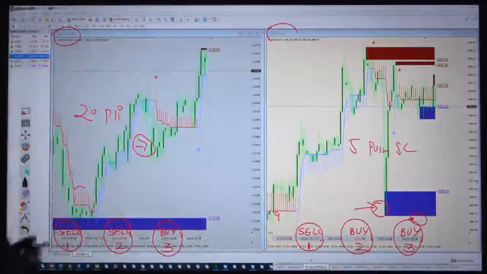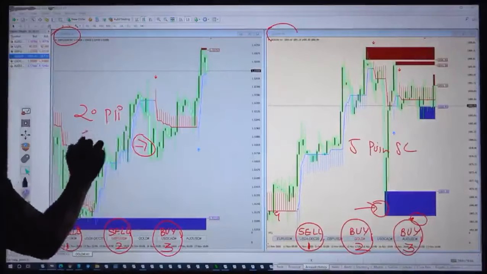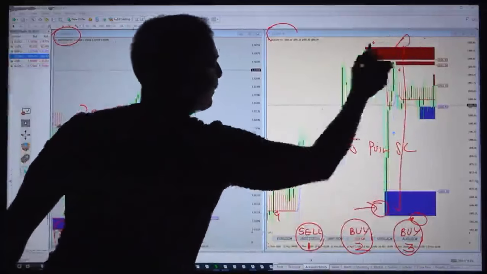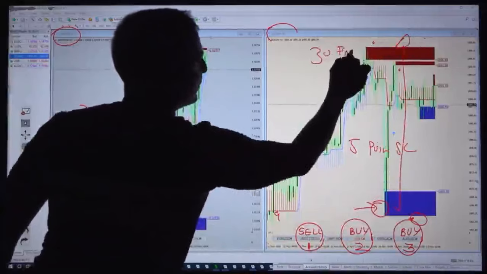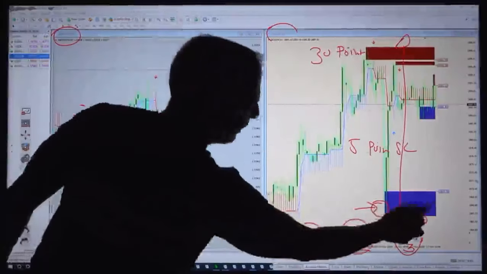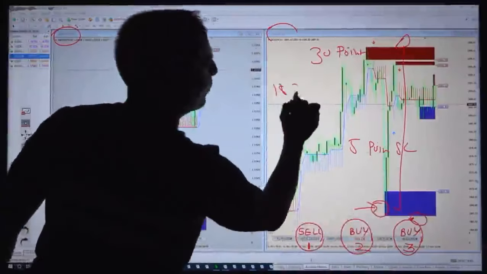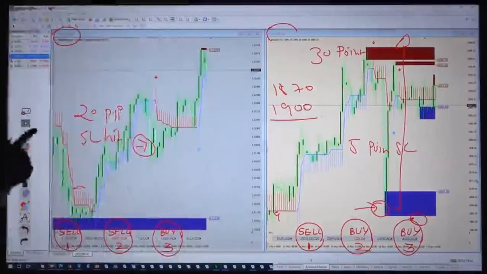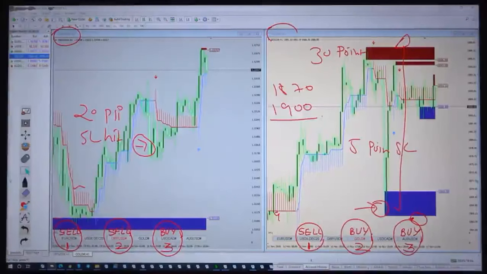Now what you see here, the SL was hit, and here you can see the gain, 30 points of gain, right from 1870 to 1900. So against the 20 pips of SL, we made 300 pips of gain, which is 30 points, equal to 300 pips in XAUSD, without any fear.